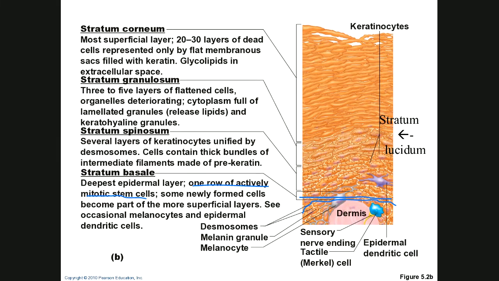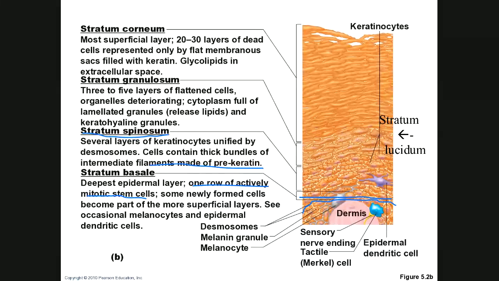And then as they grow, you divide into two cells, you push one up, one stays back, and then over and over. The next layer north of this is the stratum spinosum. And they're starting to get a little bit of filaments that are pre-keratinous.